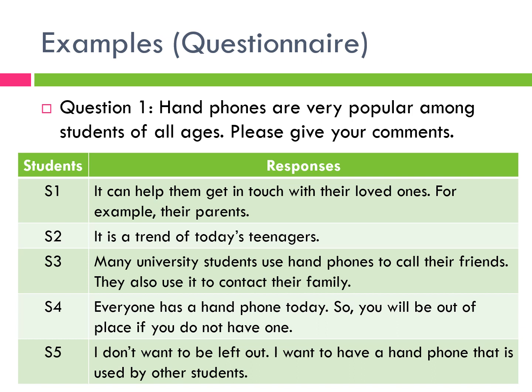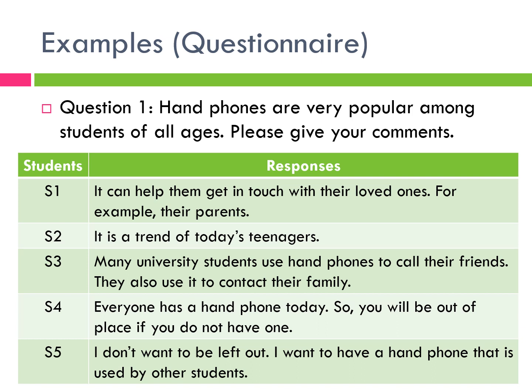So for example, student 1, it can help them get in touch with their loved ones, for example, their parents. Student 2, it is a trend of today's teenagers. Student 3, many university students use handphones to call their friends. They also use it to contact their family.